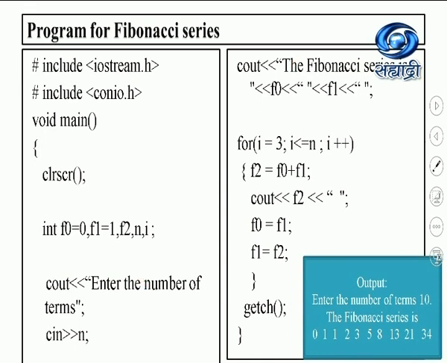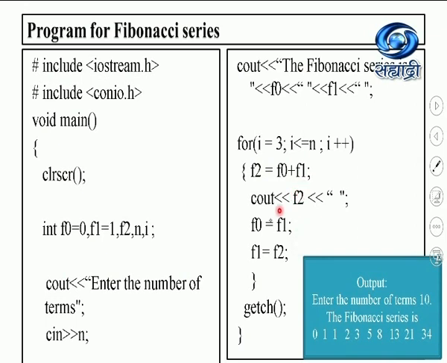So I'm going to enter 10 terms in the Fibonacci series. I write the Fibonacci series is, and as I told you, the first two elements or the terms I'm going to print outside the loop. So first two are done. Obviously, I will start with the third term, and go till I reach n. I will say f2 is equal to f1 plus f0.